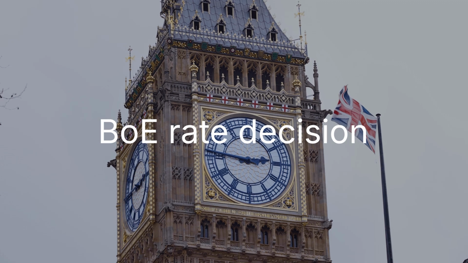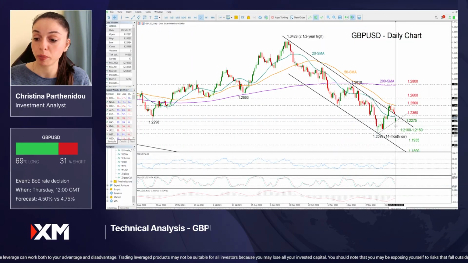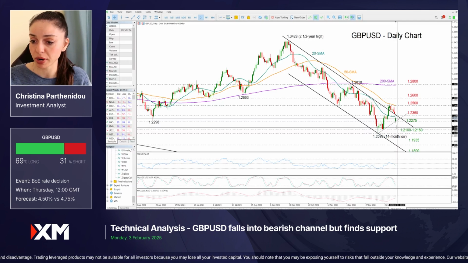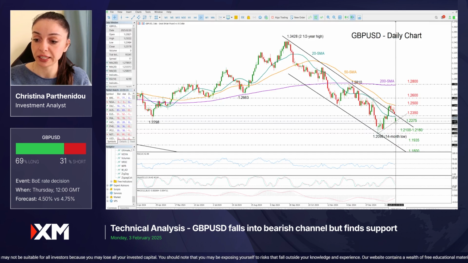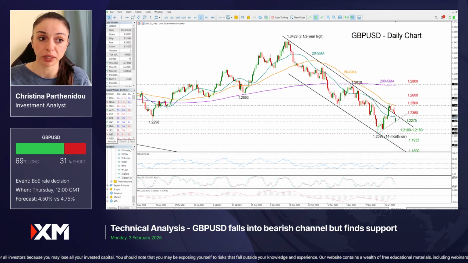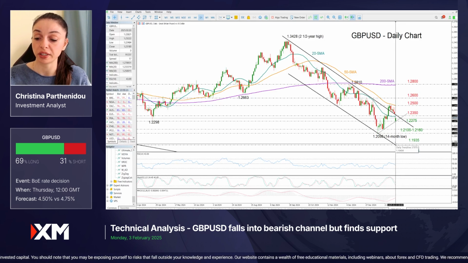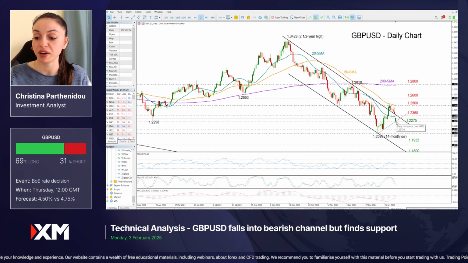And finally, looking at pound dollar, pound dollar also opened with a negative gap at around 1.2250. However, its losses have been relatively limited compared to those in euro dollar and Aussie dollar. And as we can see, the price is still trying to hold above this short-term ascending trend line at 1.2275.